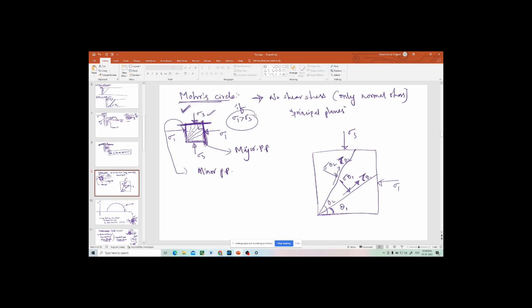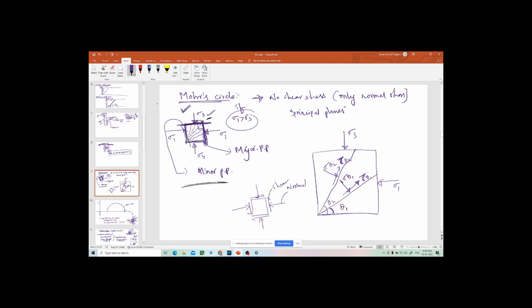If you take an element of square shape, and there are some stresses acting on it, if you see this first figure, there is an element where some normal stresses are acting, and of course there are some shear stresses. These are normal stresses, and these are shear stresses. Any element can be subjected to these kinds of stresses.